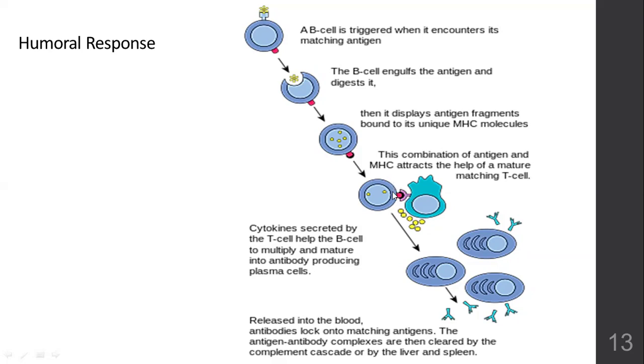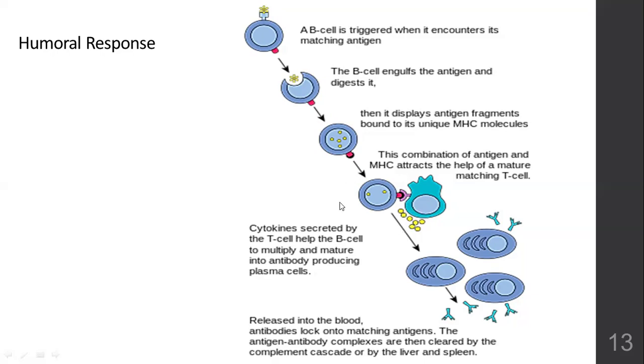Once it has studied this pattern and fragmentation of the pathogen, it will go and give a message to the T cells to come and help it tackle this pathogen. So helper T cells and B cells both together will release the antibodies.